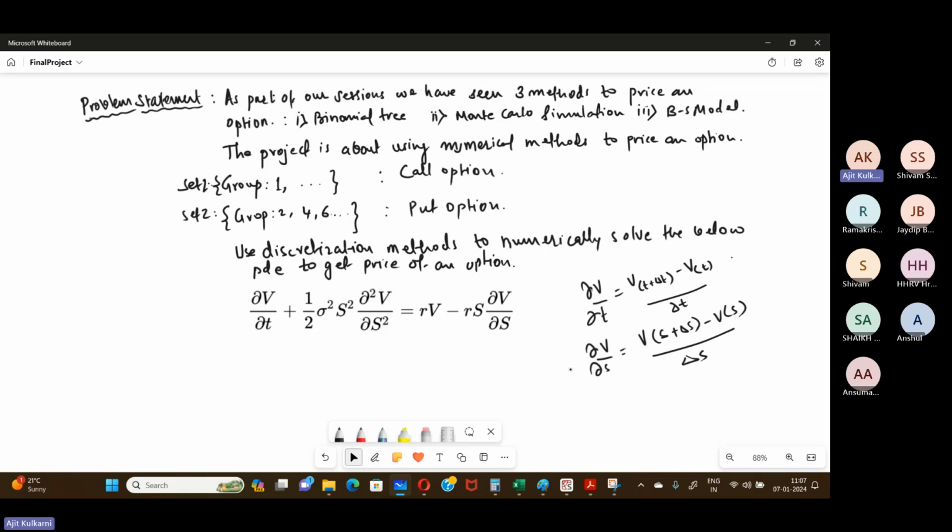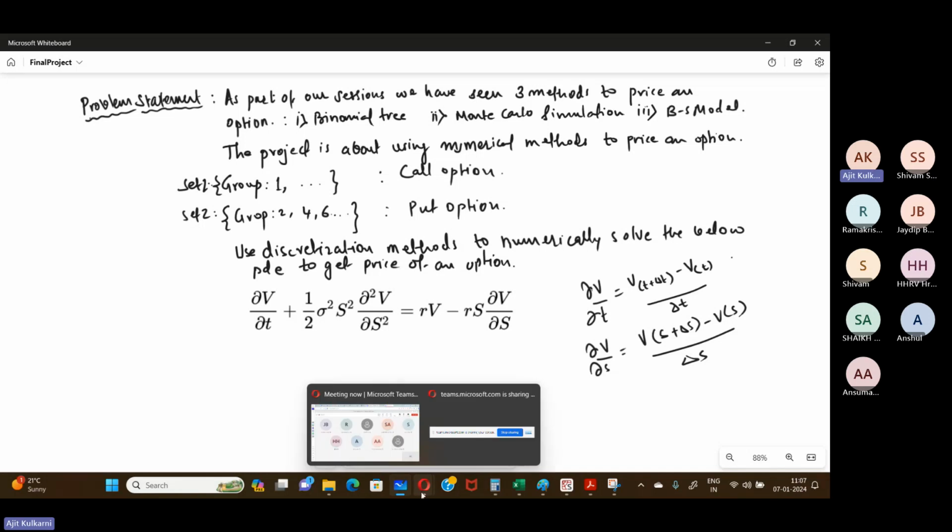Now you know what should be the price of an option at its expiry, right? You know the payoffs for each option.